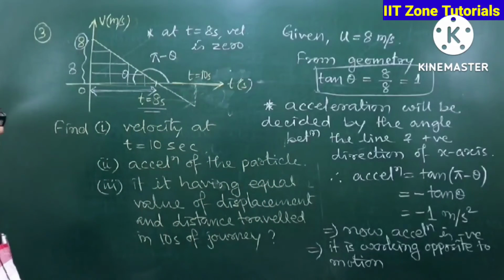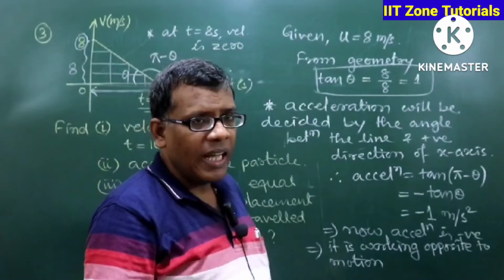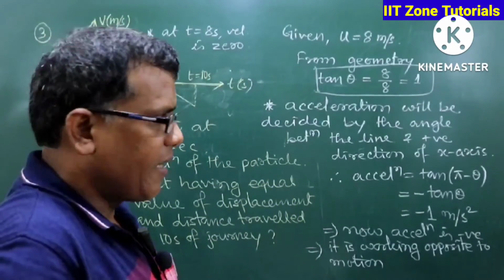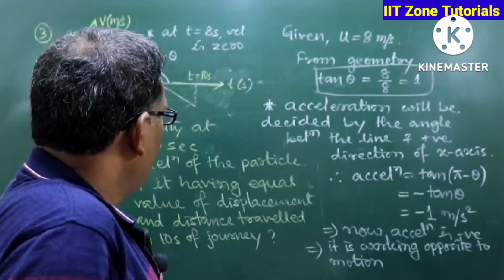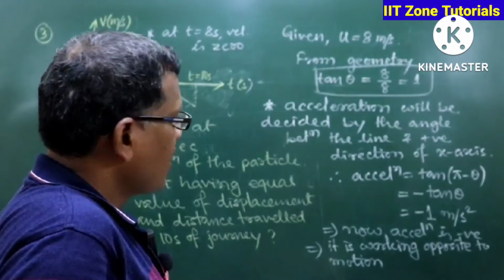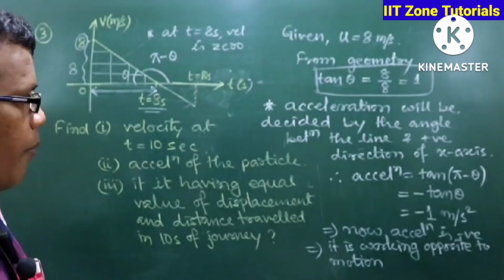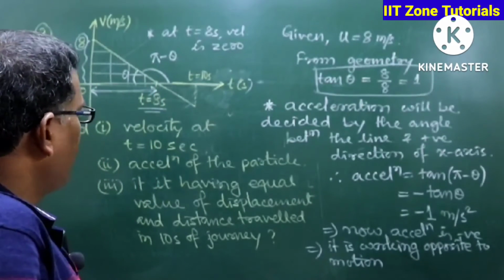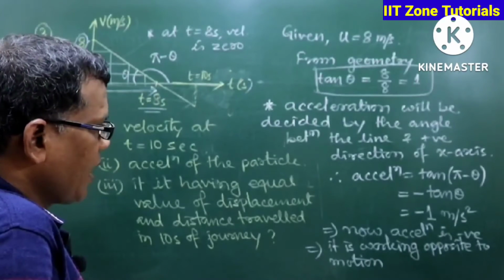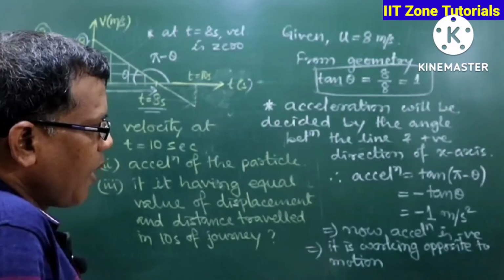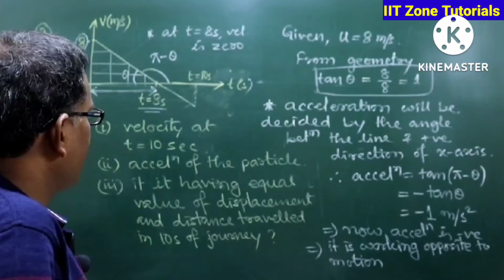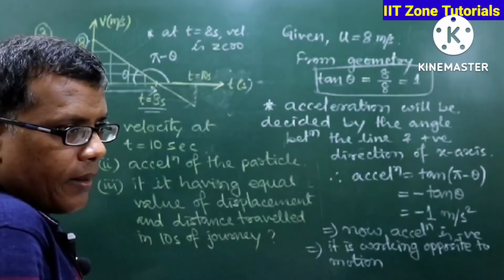I said that in the last question also: wherever the line cuts the x-axis, the axis representing time, that is the moment when the velocity value will be 0. So though it starts with 8 meter per second, moving under a constant retardation of 1 meter per second square, at t equal to 8 second its velocity becomes 0, right?